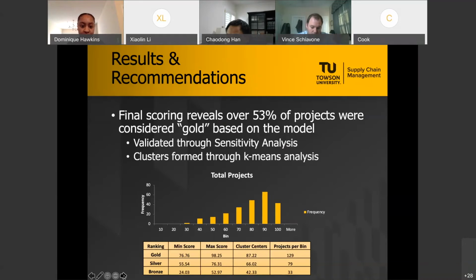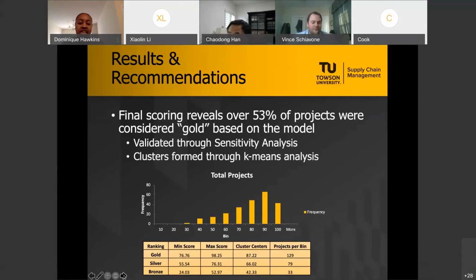So for example, for gold, the minimum score you could have was 76.76, and the max score was 98.25. And again, this is based on the 241 survey responses that we received. And then it also shows you in this chart the projects per bin.